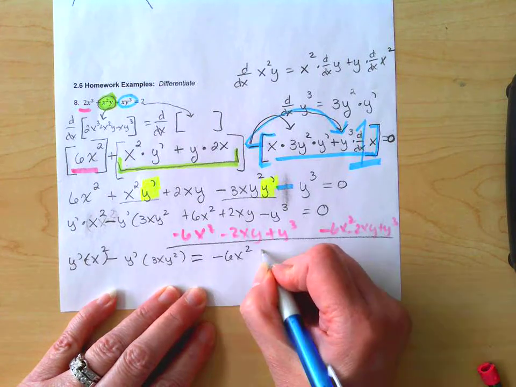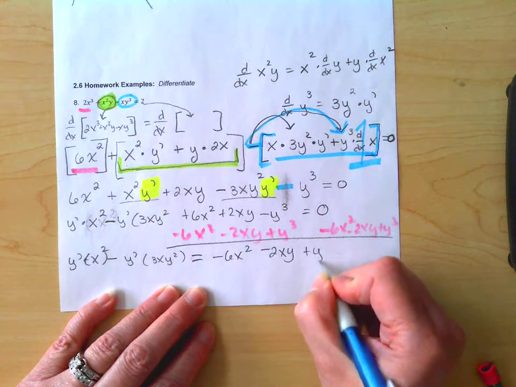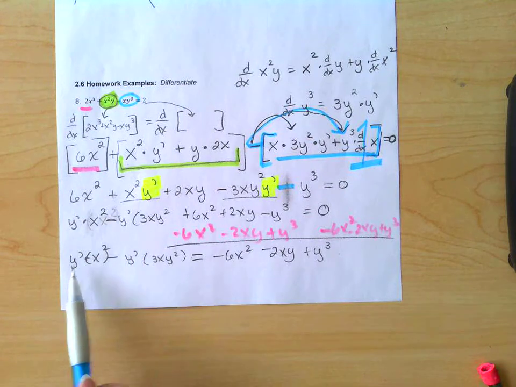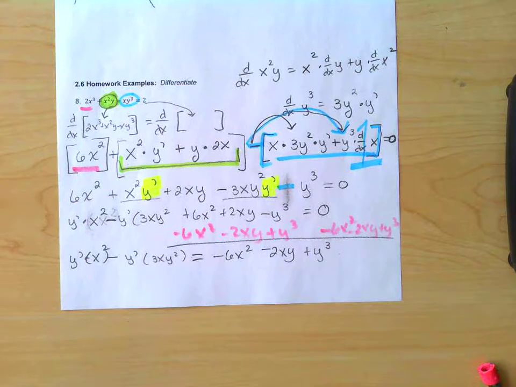You have negative 6x squared minus 2xy plus y cubed. Again, I'm showing this in detail; when you're doing your homework, if you already have this skill down really well, that you can solve for y prime, you might skip what I'm showing in the video this time.